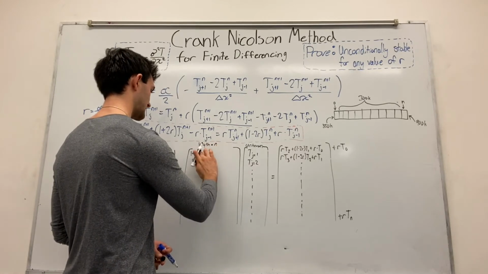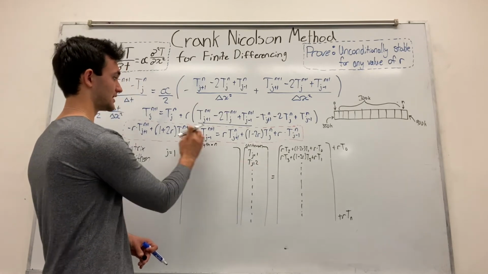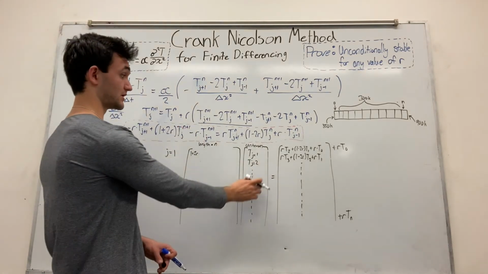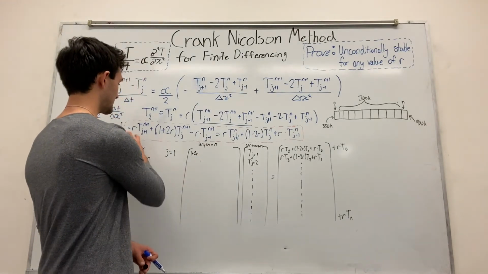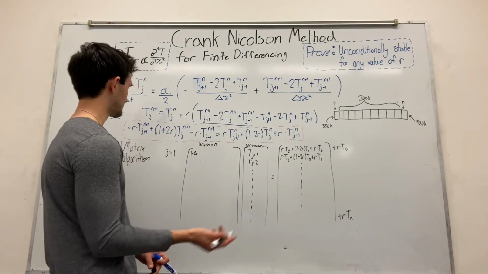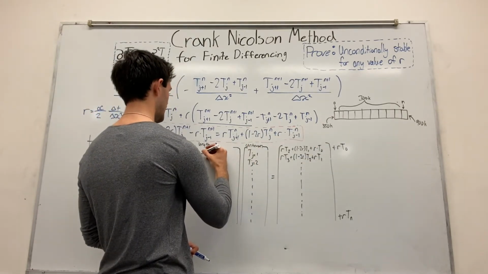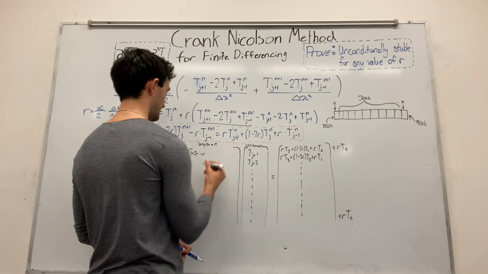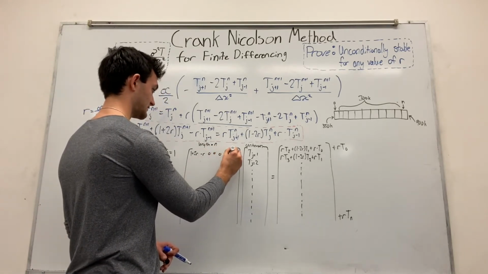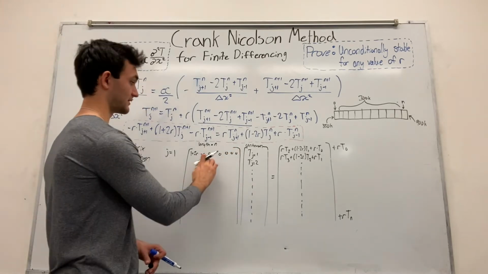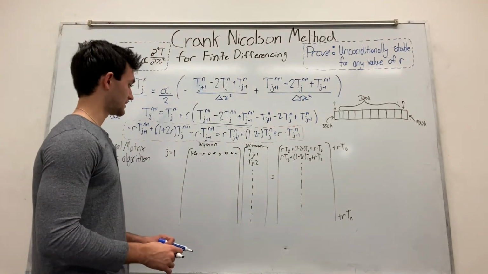Actually, no, there's not going to be any TJ because we pulled out the unknowns, which is one time step in the future, over here on the right. And then the next spot in the matrix is going to be the right-hand block, which actually will exist, and that's going to be negative R. And then the rest of these are just going to be zeros for the length of the matrix, which is the number of divisions and number of blocks you have.